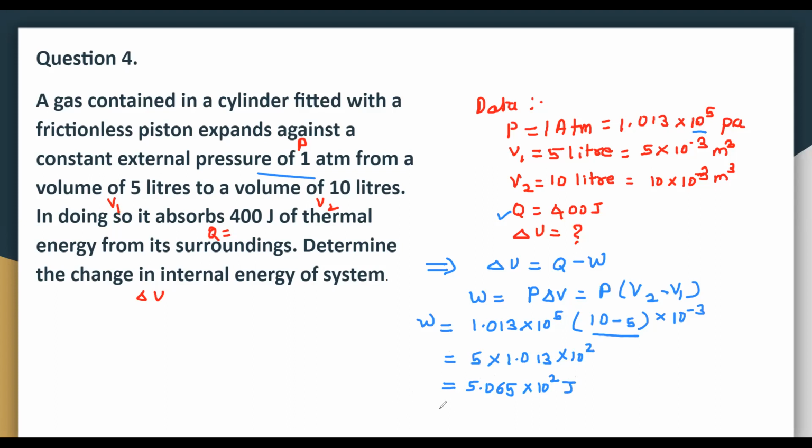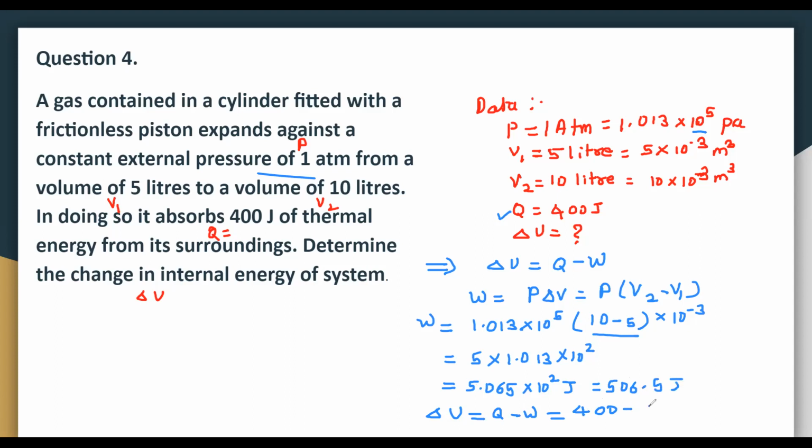Now by using this, we'll find out internal energy. Q minus W is equal to, now Q is given, that is 400. So 400 minus 5.065 into 10 raised to 2, that is 506.5.